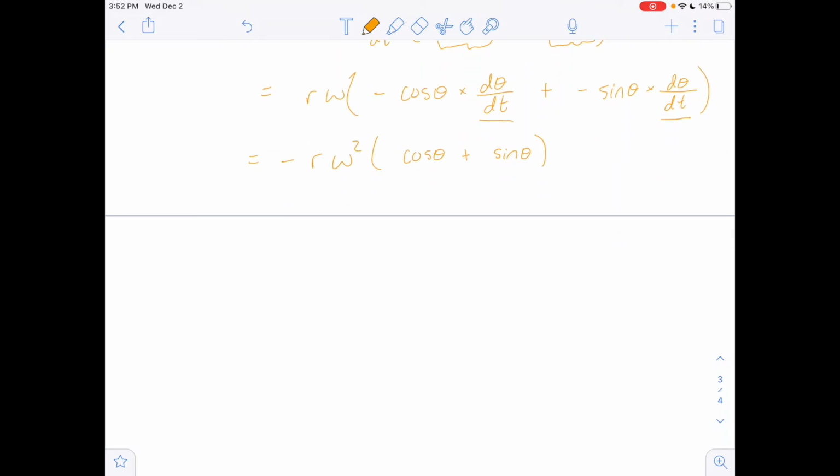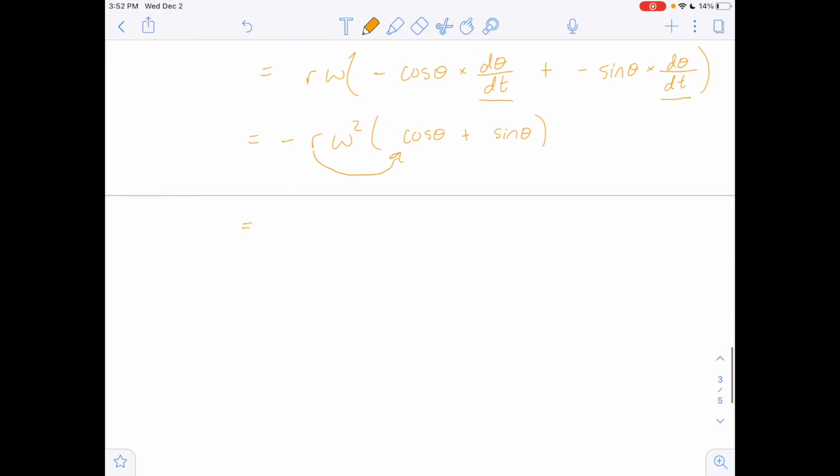And now what I'm going to do here is distribute this r into that equation so that we have negative omega squared times r cosine theta plus r sine of theta.